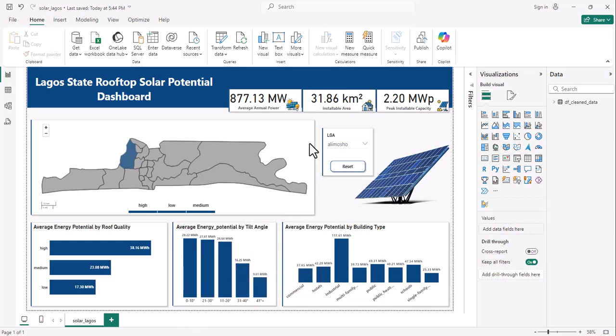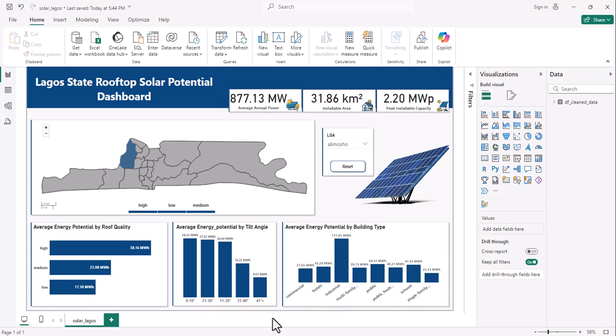Take for instance this Alimashaw local government. For those rooftops of about 0 to 10 degrees, the energy potential is like 28.22 megawatt hours, while those of 21 to 30 degrees also have a higher energy potential.